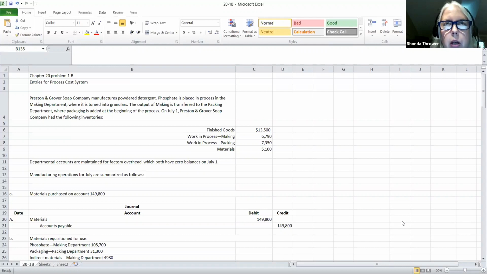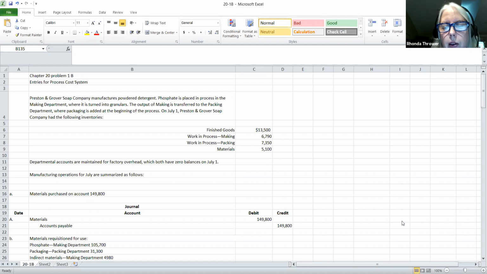On that job cost sheet, we kept up with the amount of the materials, the labor, and overhead for each individual job. Well, in a process cost accounting system, we don't have job cost sheets, but we will keep up with the work in process, the materials, the labor, and the overhead in a work in process account for each one of our departments.